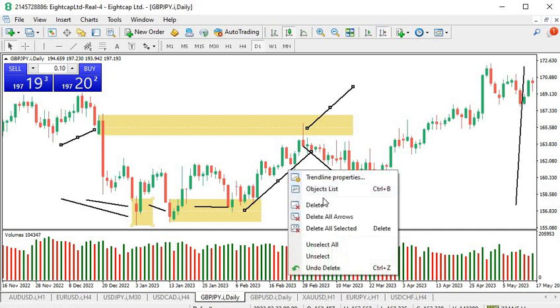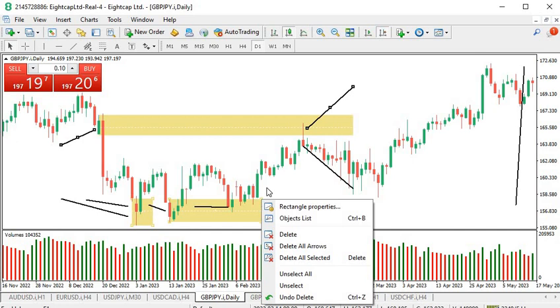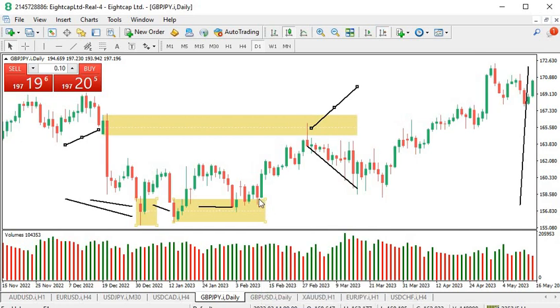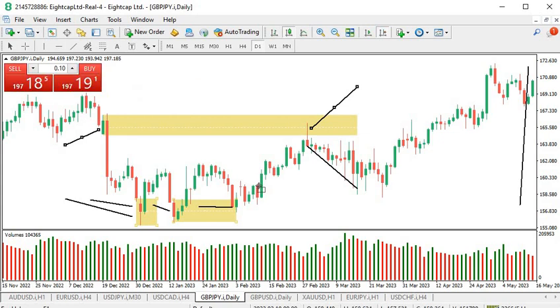So again, let me show you another fresh example. No, I won't delete it, I will reduce it. So another fresh example is this one. We can see.